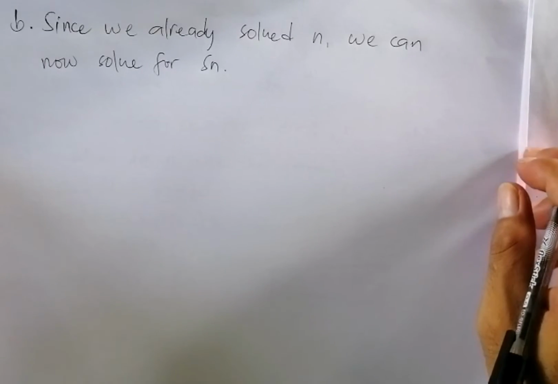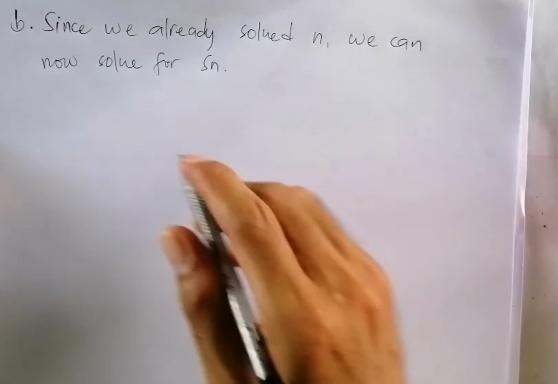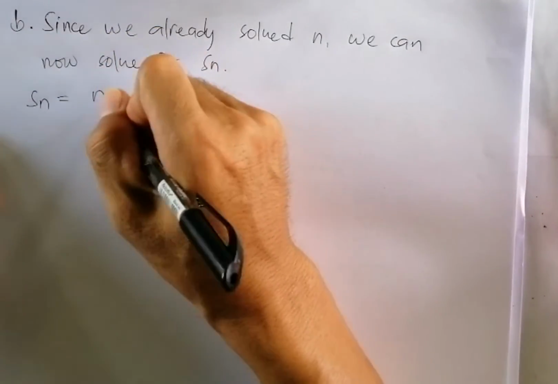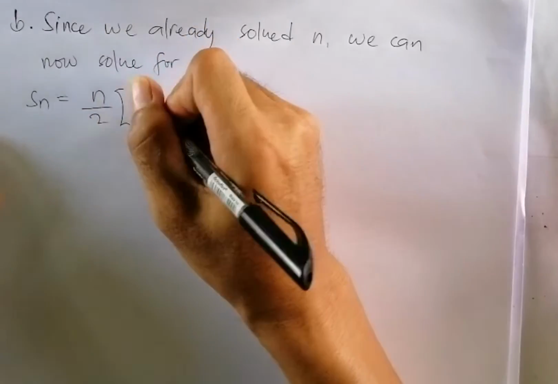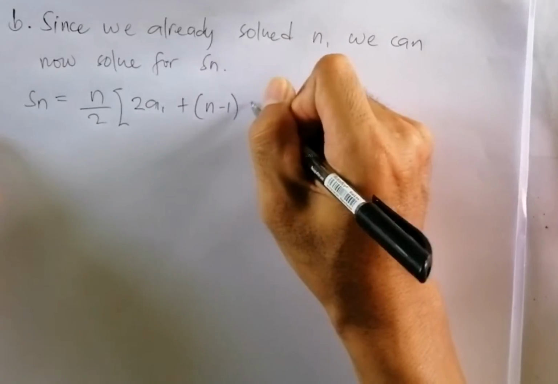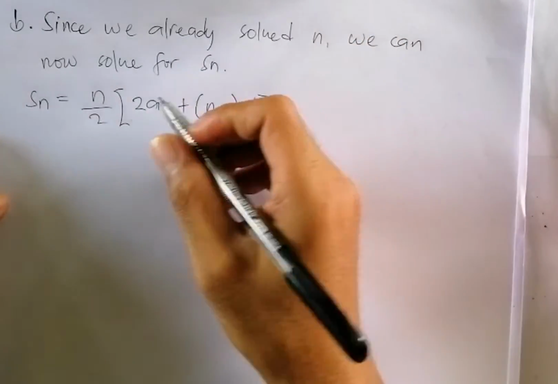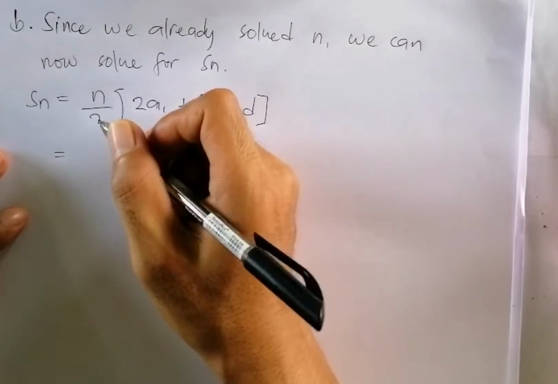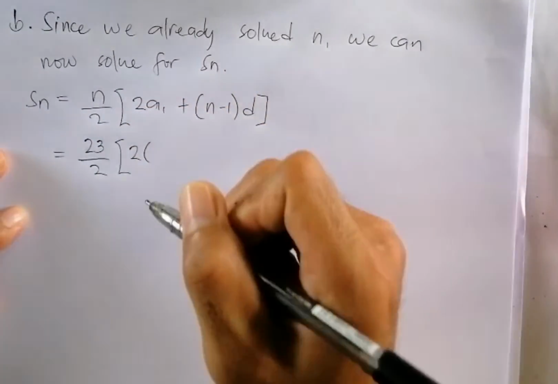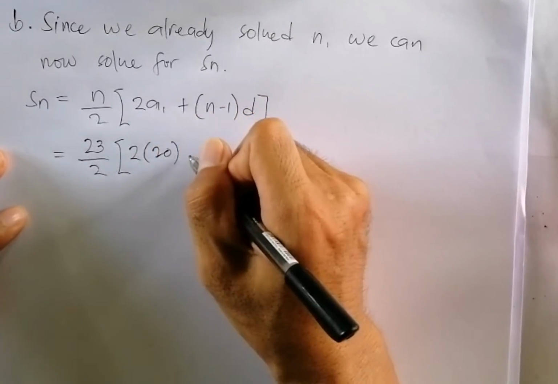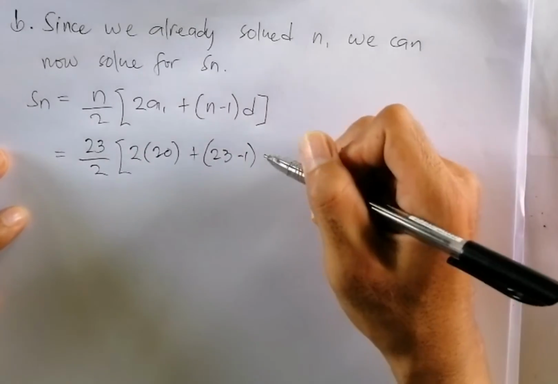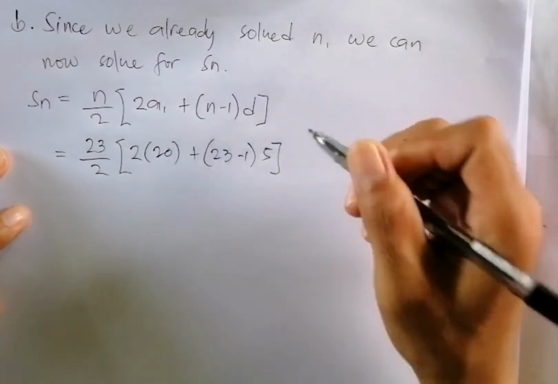Now, since we already solved n, we can now solve for S sub n. So S sub n is equal to n over 2 times 2 times the first term plus the quantity of n minus 1 times common difference. So n is 23. 2 times the value of our first term, we have 20. So 23 minus 1, common difference 5.